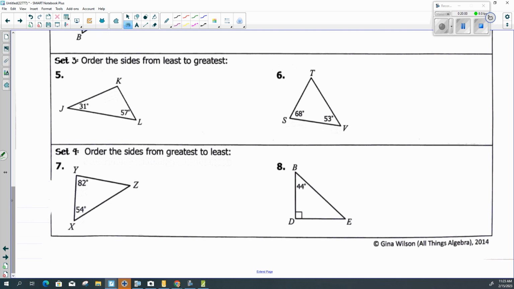Okay, this is the asking for the side length. So let's do number 8. Before I can decide which side lengths are small, medium, and large, I have to find the missing angle. So everyone find the missing angle, write it in there.